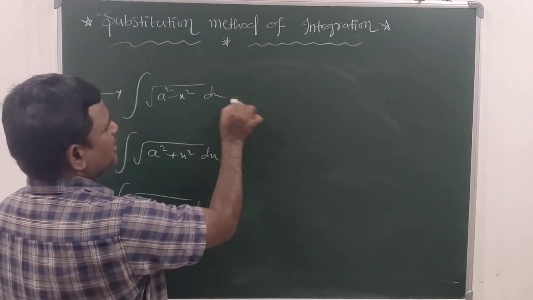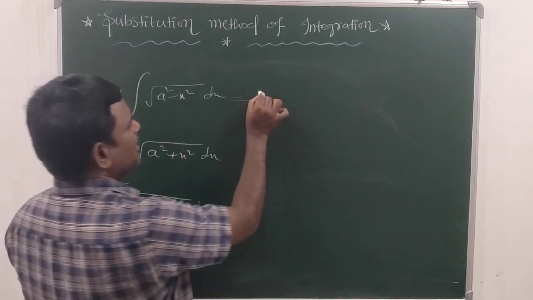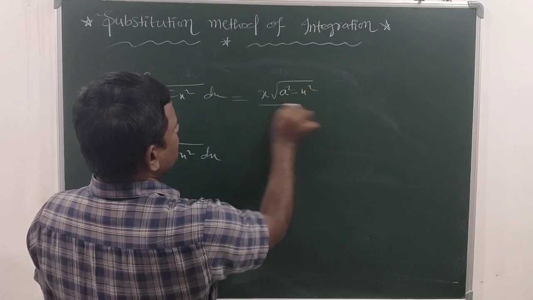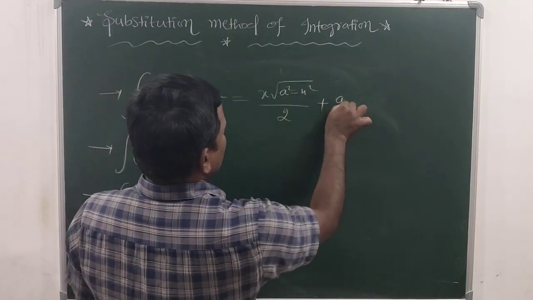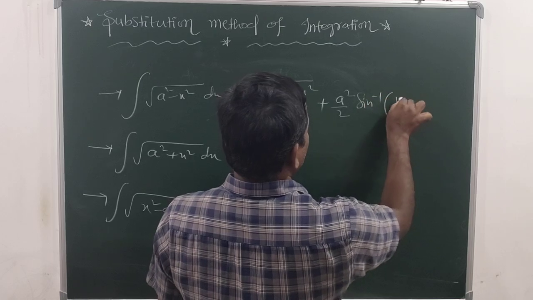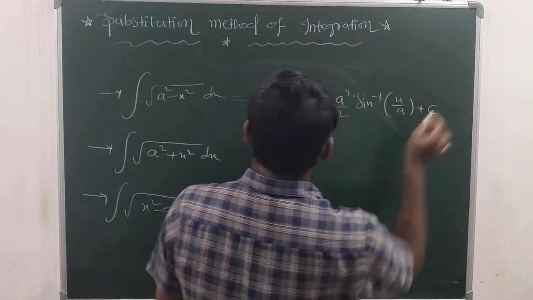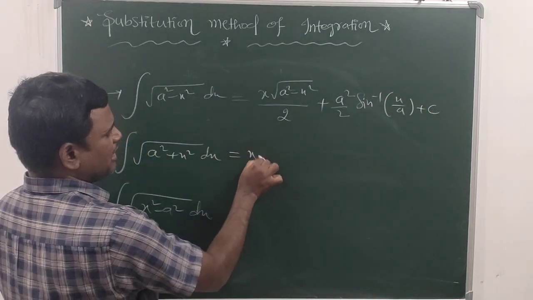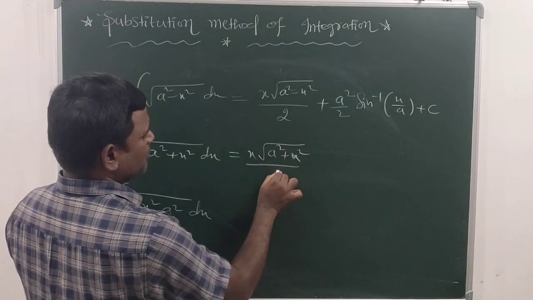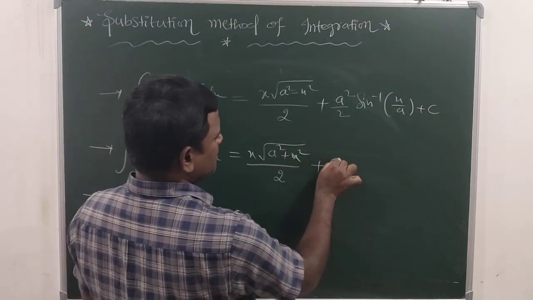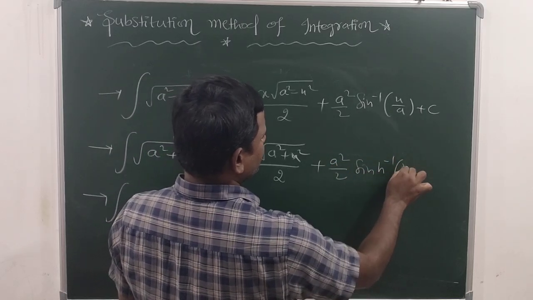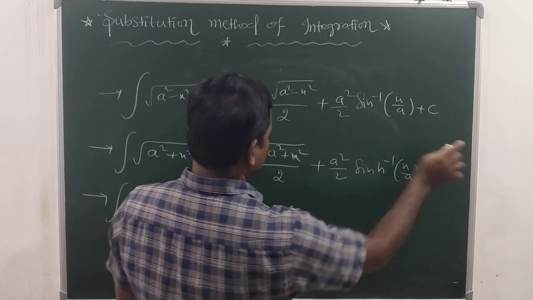See the results of these 3 integrals. x into root of a square minus x square by 2 plus a square by 2 sin inverse of x by a plus c. This one: x into root of a square plus x square by 2 plus a square by 2 sinh inverse of x by a plus c.